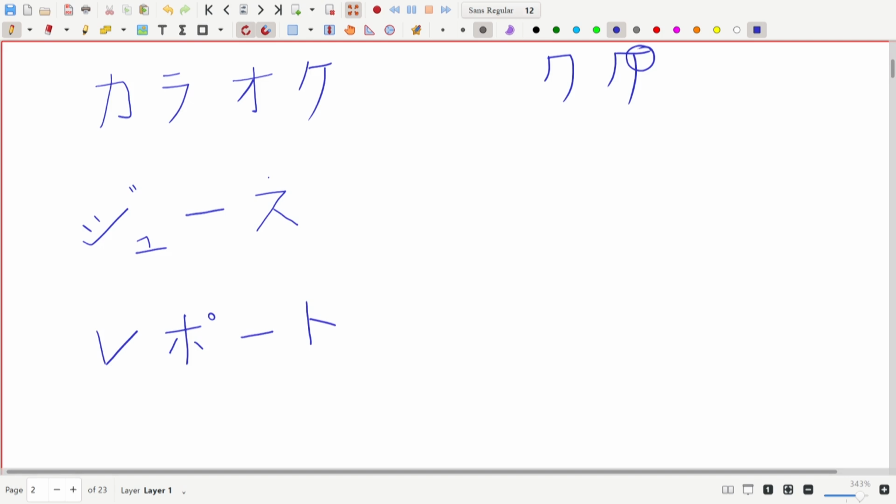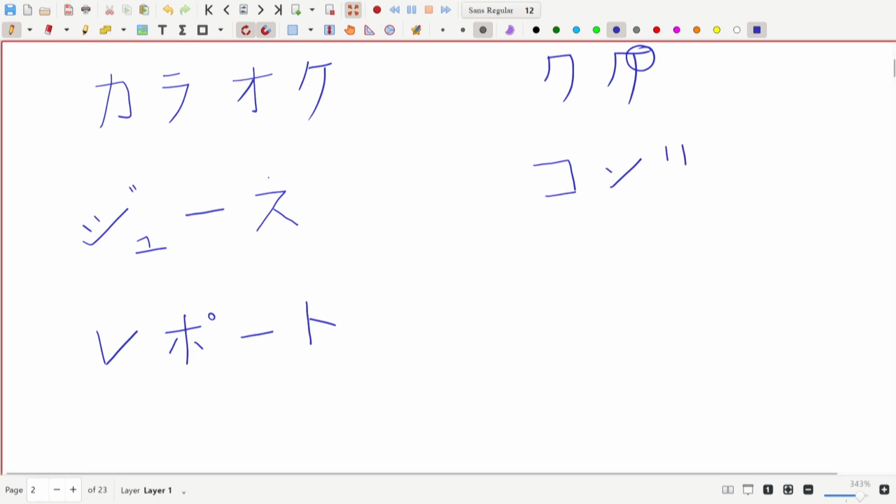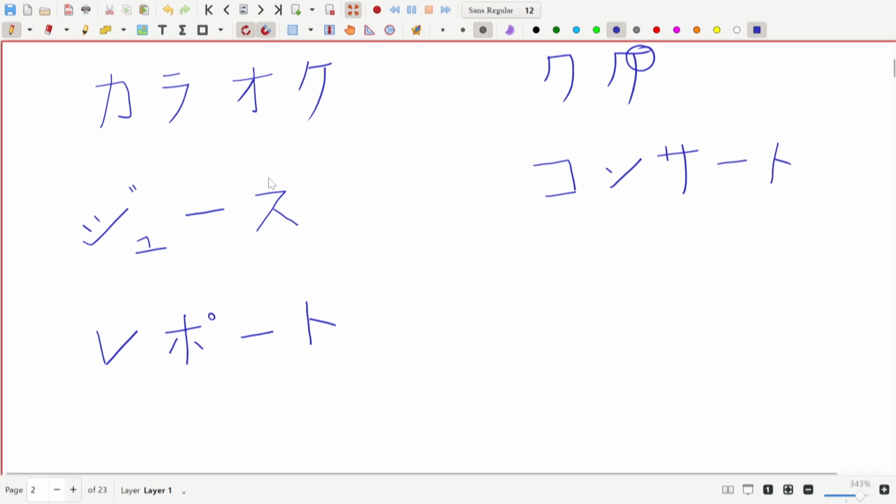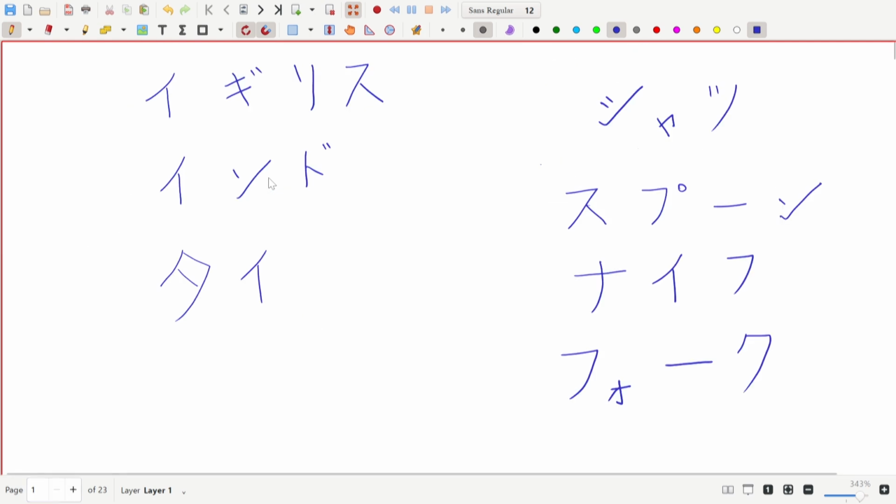Next is concerto. Ko, concert is called konsaato. So today we have done a few katakana. Let's read it.